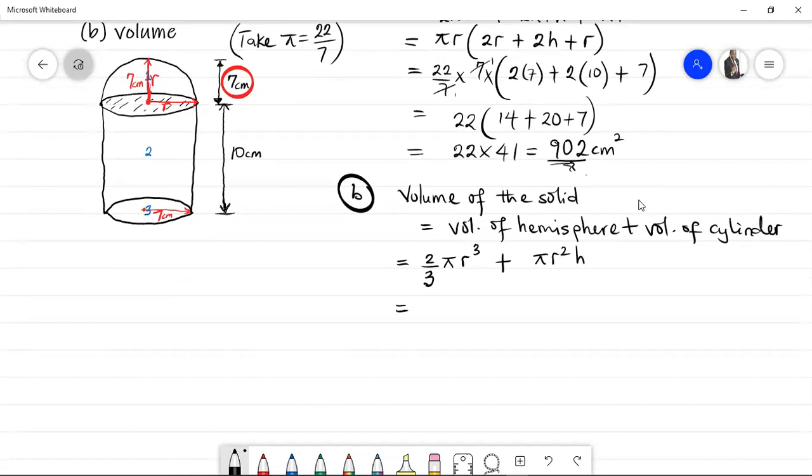If I factorize again, what is common over here? I have pi r squared common. Then I open a bracket, I should have 2/3 r remaining here, and over here I should have h remaining. So 22/7 multiplied by 7 squared into the bracket of 2/3 times 7, which is the radius, and then plus the height, which is 10.